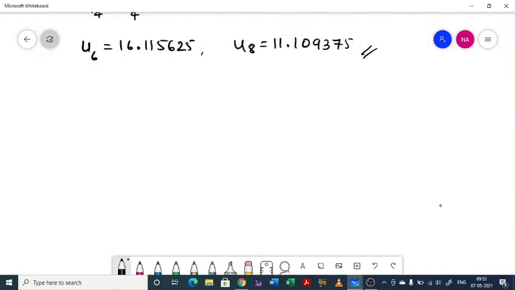Next, problem B. Solve del square u equal to 0. See, the Laplace equation is given symbolically in this form.